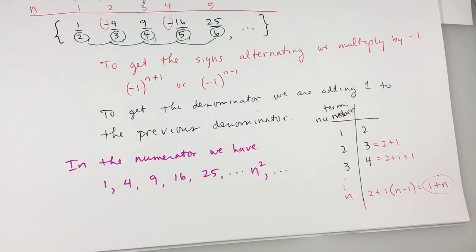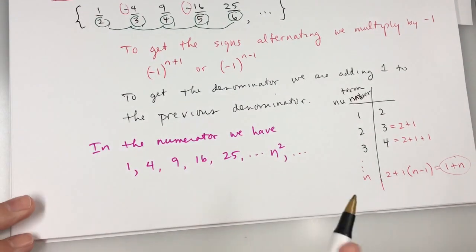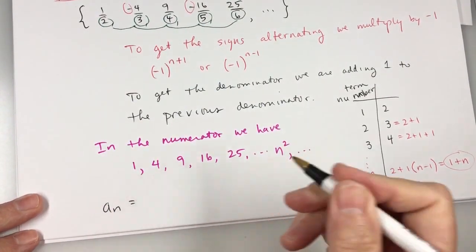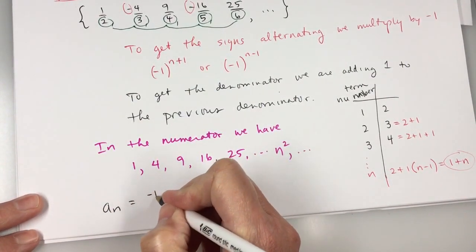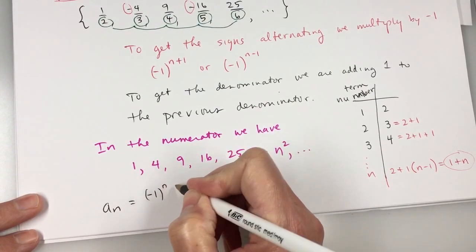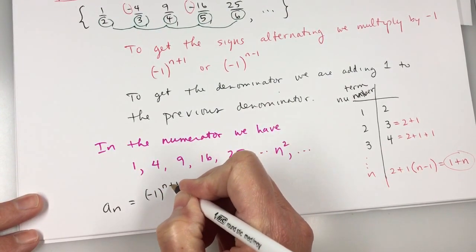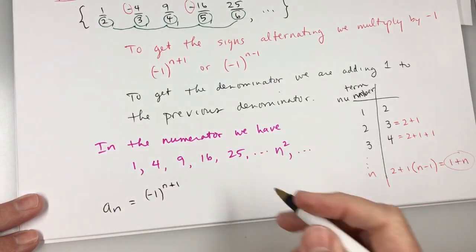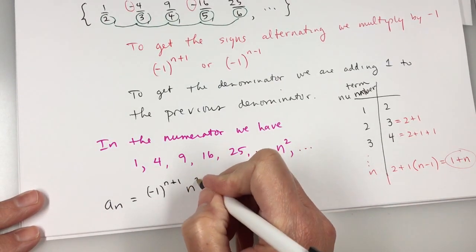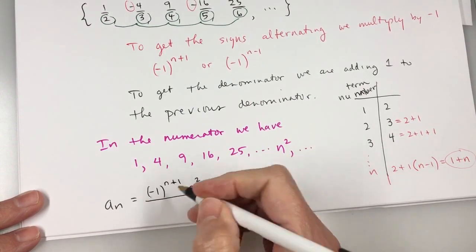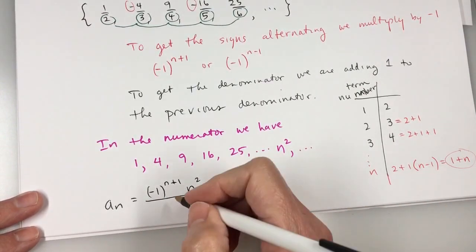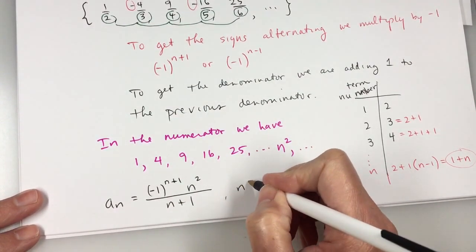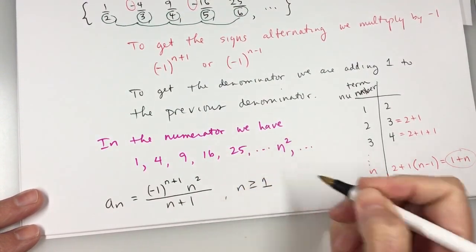So for this number 17, here's the answer. The a sub n term: to take care of the negative, -1 to the n plus 1; to take care of the 1, 4, 9, 16, 25, that's n squared; and to take care of the denominator, that is n plus 1, where n is greater than or equal to the number 1.